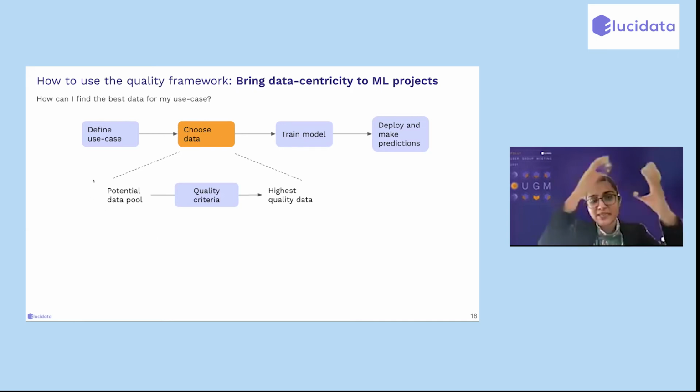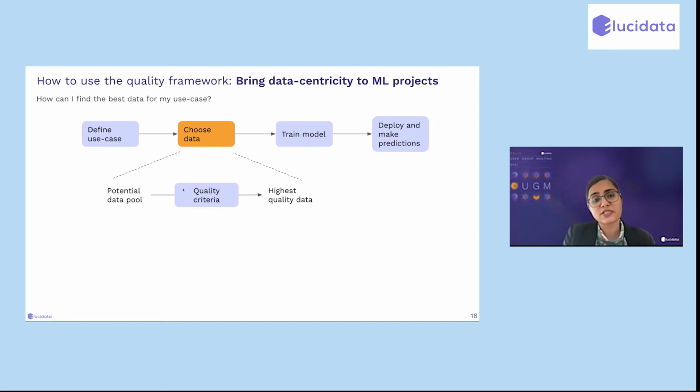Often we look at the potential data pool and say, hey, how can I increase the amount of data that I can send to my model? What I'm proposing here is that instead of asking, how can I send the maximum amount of data as possible to my model, we ask, how do I send the highest quality data, as high quality as possible, to my model.